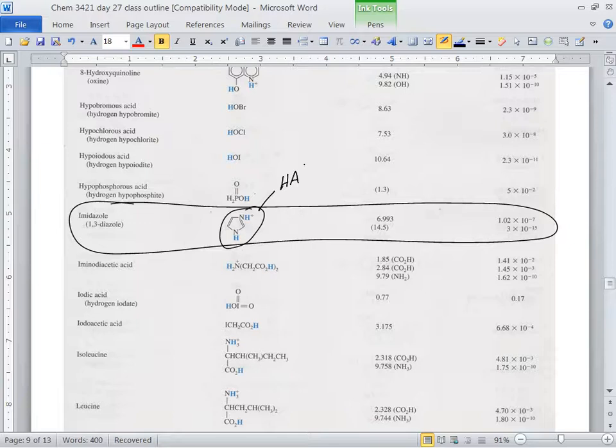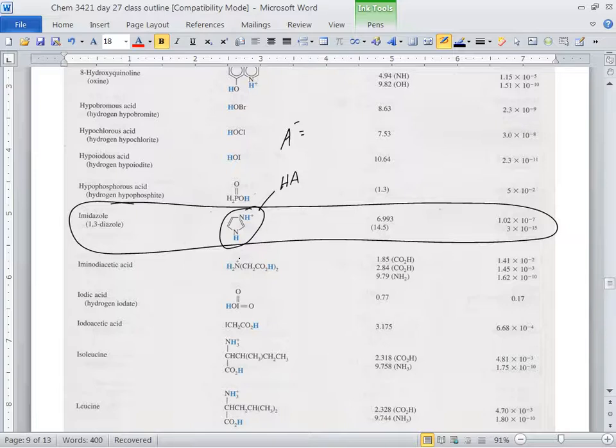So when we wrote the Ka reaction or the Kb reaction, wherever you saw HA, this is what you write. The A minus would be what? Draw that exact same structure, but what's missing? The H plus is missing.